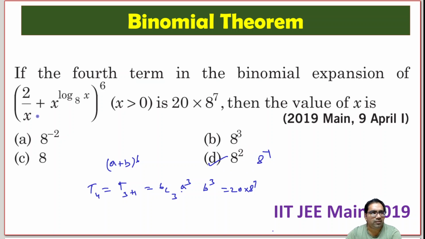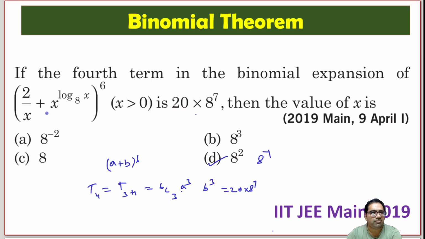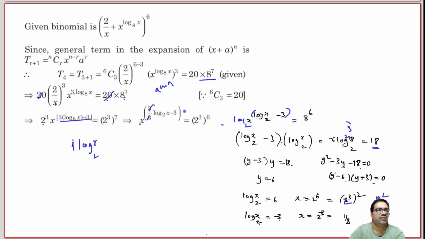So basically we have written the general term, and we have equated it here and taken some logarithms. The general term is in terms of x, and that should be equal to this, and we just solve the equation, right guys?